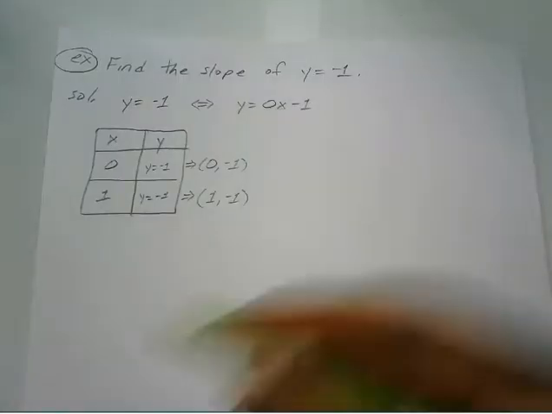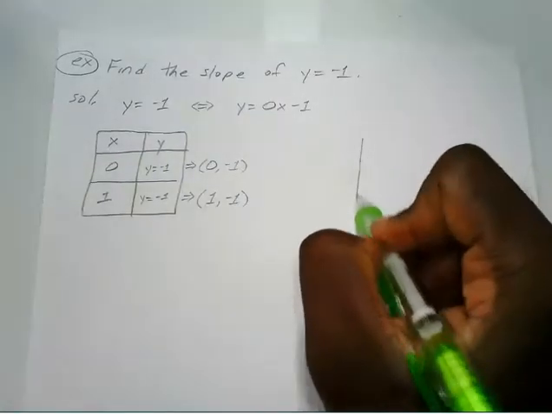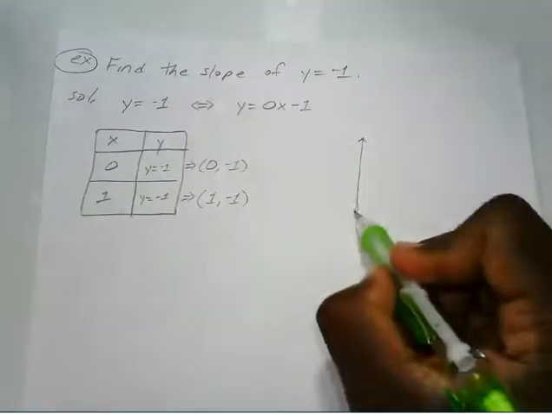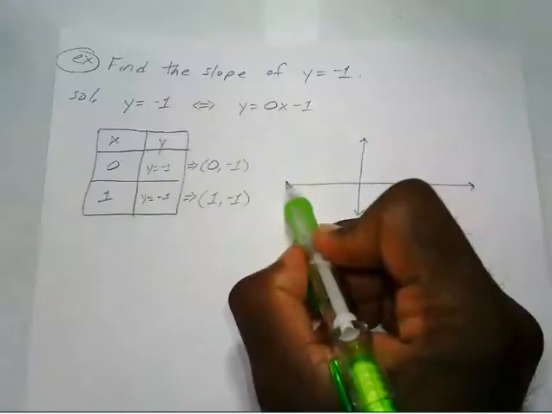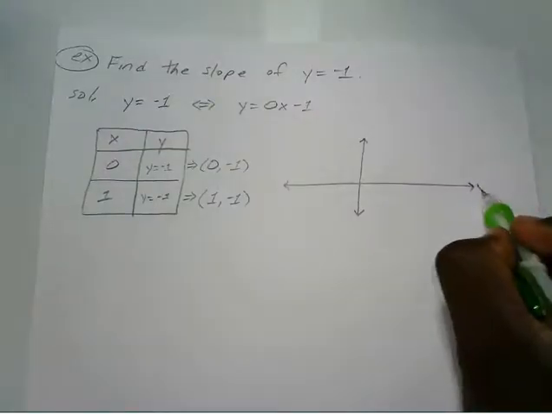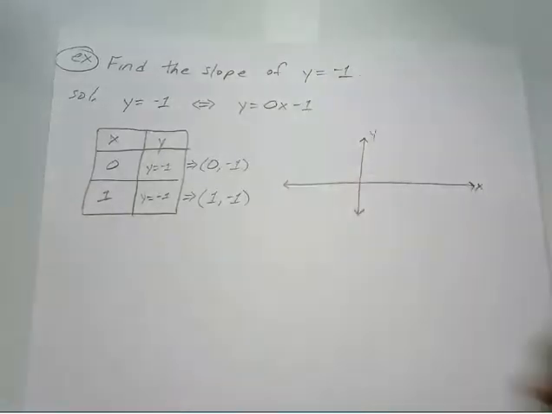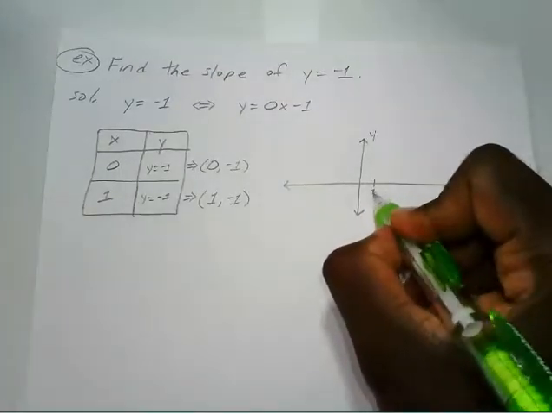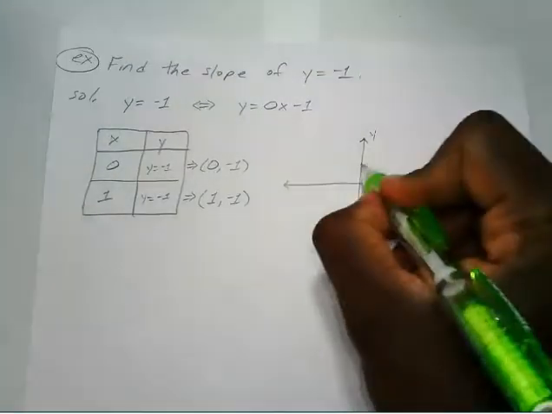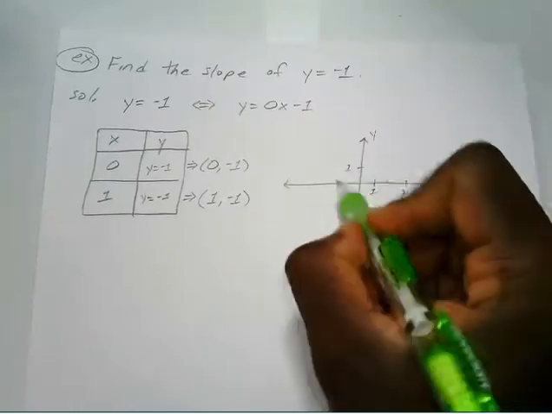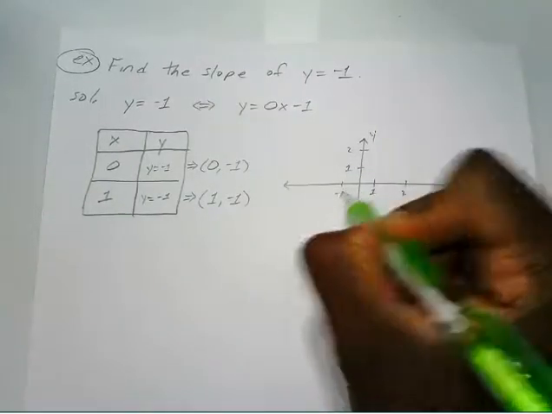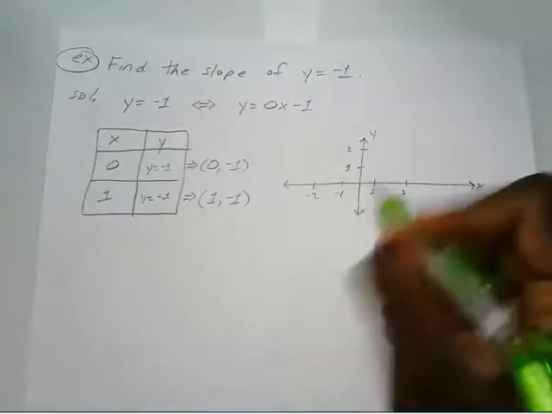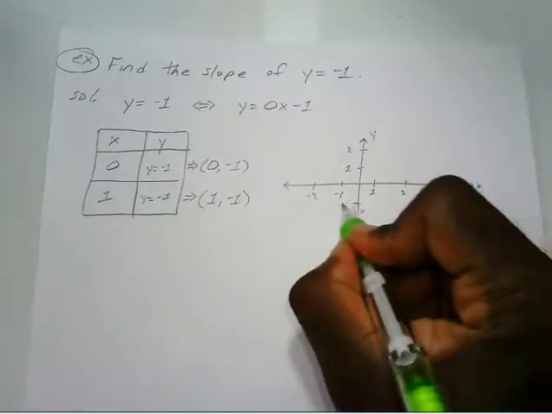All right, so we're going to go ahead and graph this. So we have our x, we have our y. Let's say this is 1, 2, and -1, -2, and we'll just go down to -1 here.